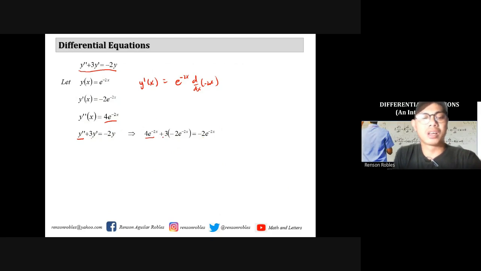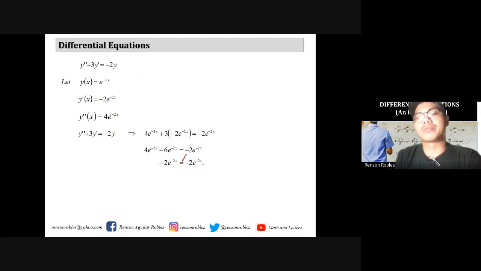So we have 4 e raised to negative 2x plus 3 times negative 2 e raised to negative 2x equals negative 2 e raised to negative 2x. Simplifying, you multiply 3 and negative 2, so you have 4 e raised to negative 2x minus 6 e raised to negative 2x equals negative 2 e raised to negative 2x. When you combine these two expressions, it becomes negative 2 e raised to negative 2x, and in fact that is equal to negative 2 e raised to negative 2x.